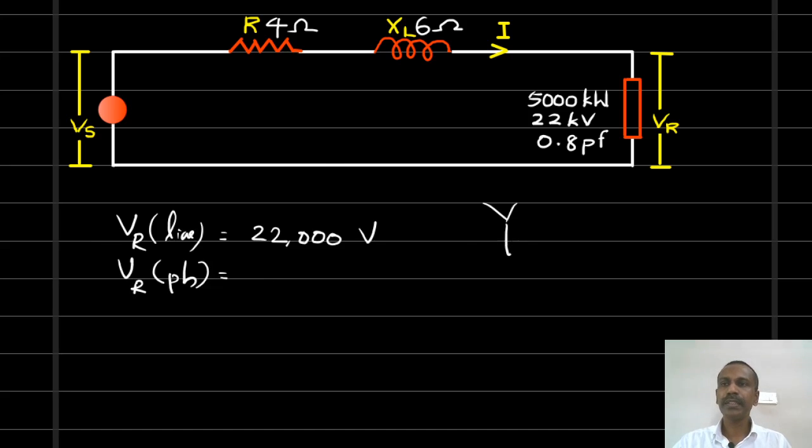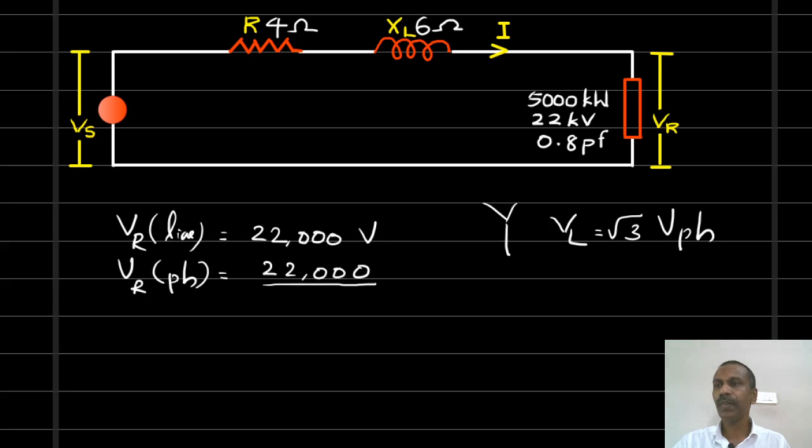We assume that it is a star connected system, so the line voltage is equal to √3 times the phase voltage. So here phase voltage is equal to the line voltage divided by √3. So this is equal to 12,701 volt. This is the magnitude of receiving end phase voltage.